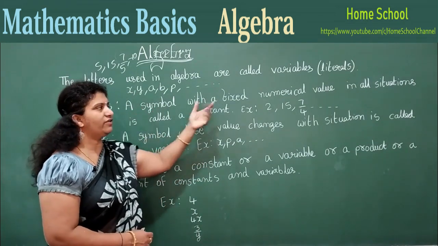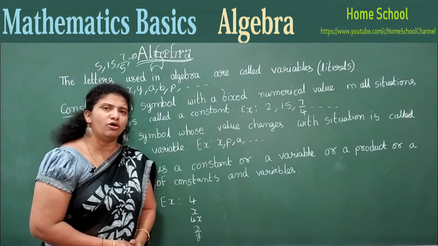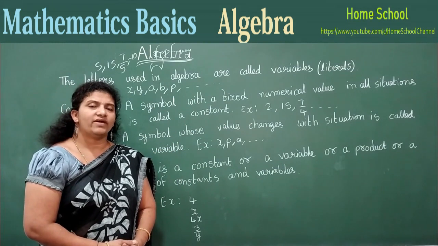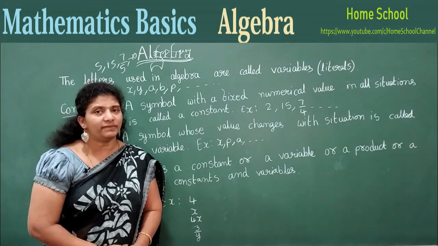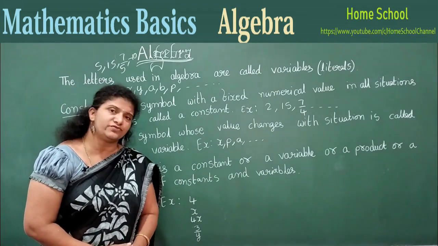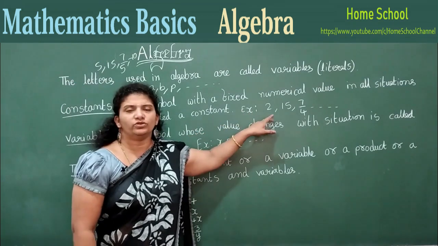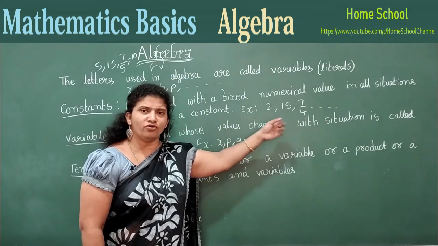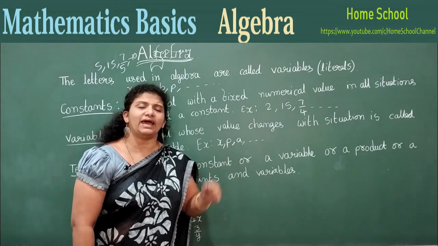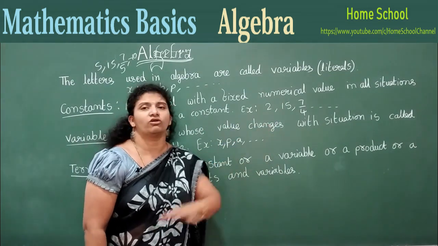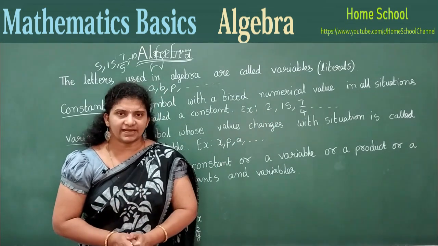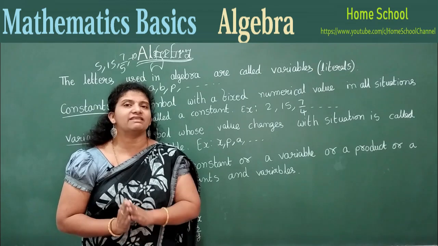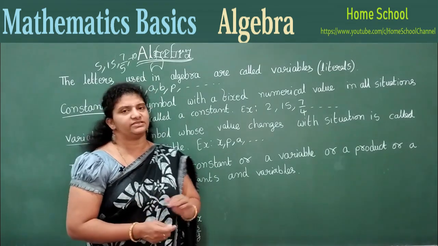A symbol with a fixed numerical value in all situations is called a constant, whereas the number value won't be changed and its value is fixed. So 2 is 2 itself. 15, 7 by 4, root 2, root 5, like this. All these are called constants. Constant means the value will be fixed and will never change.